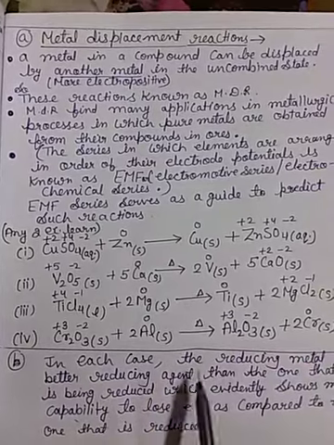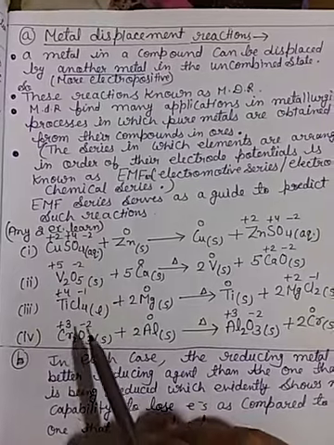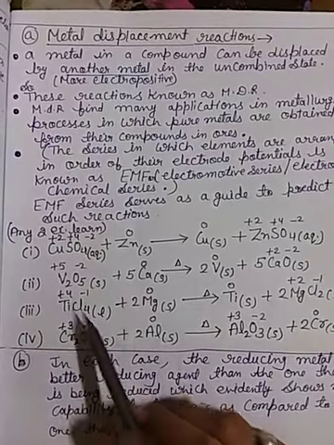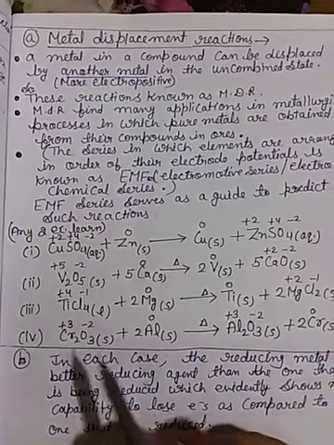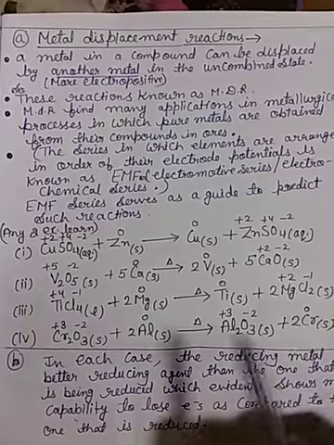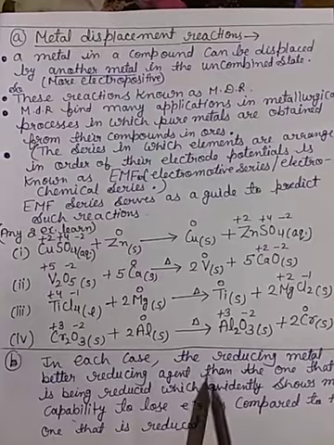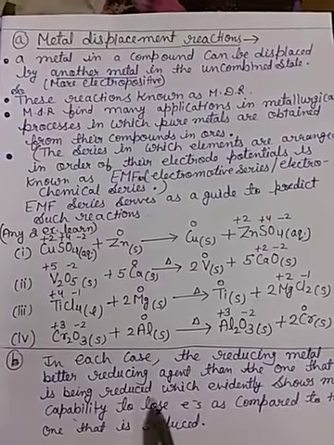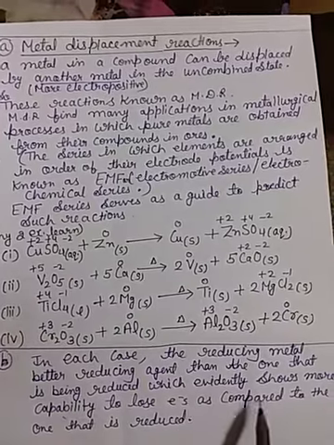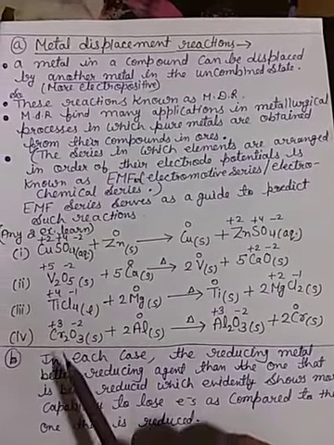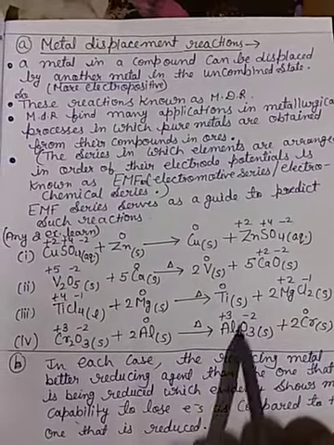Titanium in titanium chloride is +4 and in the product 0, gaining electrons. In the fourth reaction, +3 converts into 0, so chromium also gains electrons, and the other metal is oxidized.